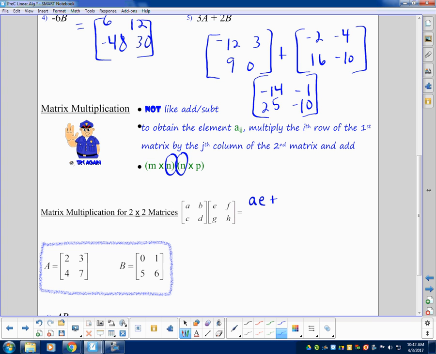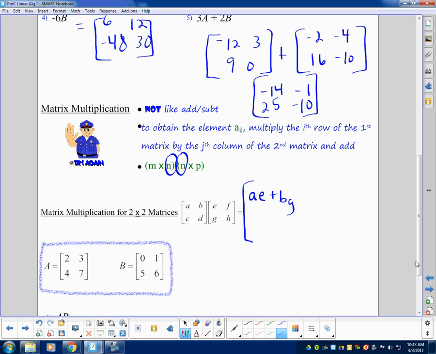Then we're going to add it to the second element of the first row times the second element of the first column, so it's BG. So to get the top left element, we take A times E and then add to it B times G. It's this times that plus that times that, and that will give you the top left element.